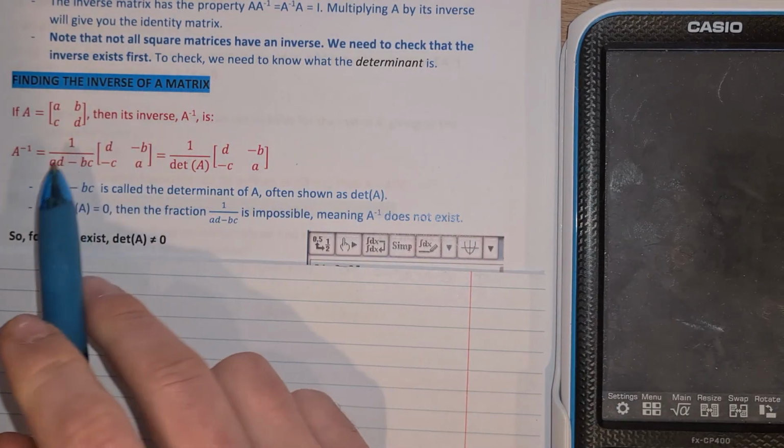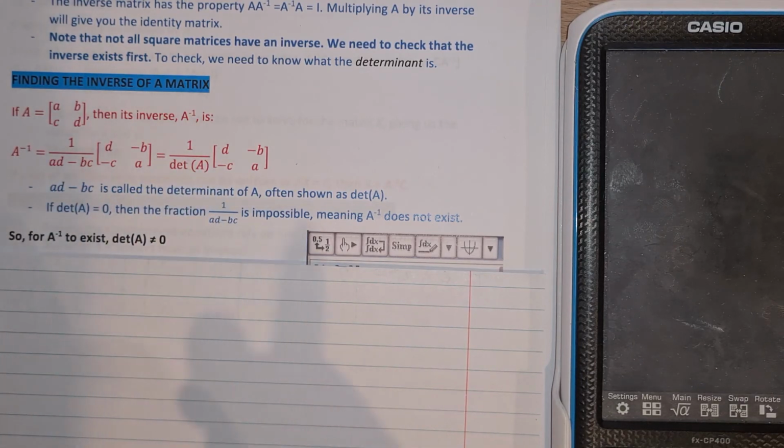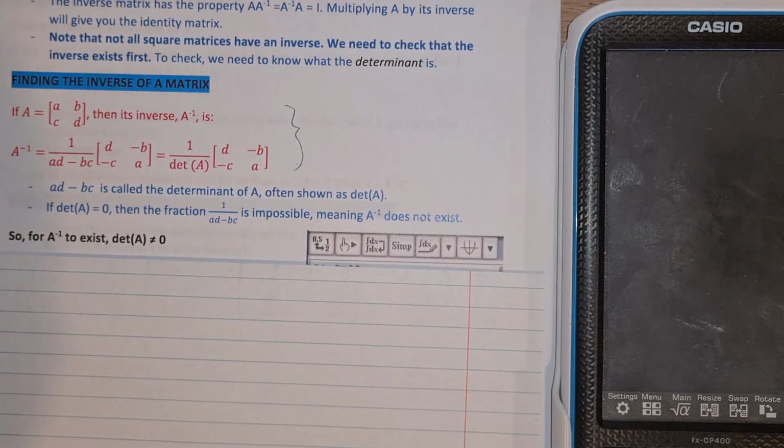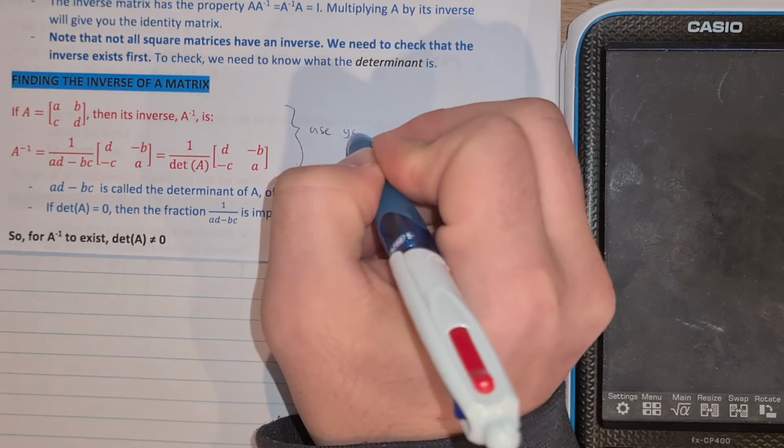Now, I know that we've got this formula for calculating the inverse. However, I will make the case that you will pretty much never need to use it. Use your calculator instead.